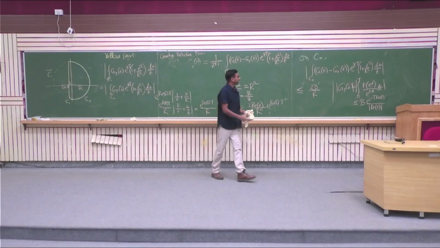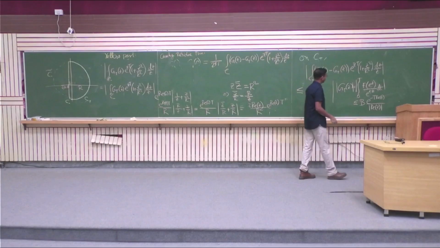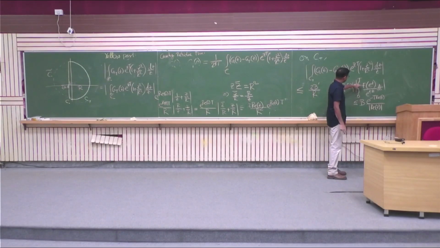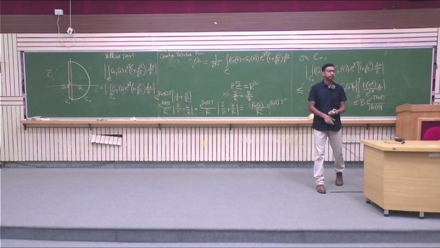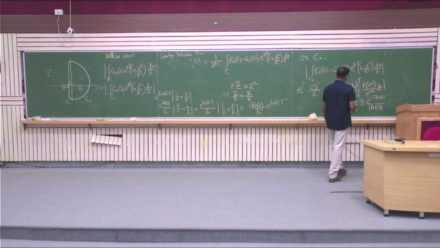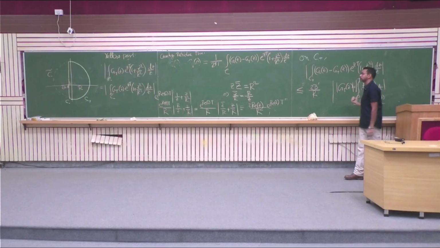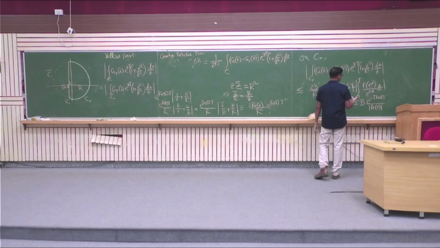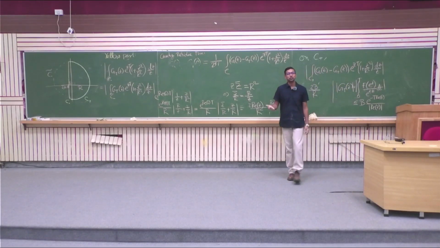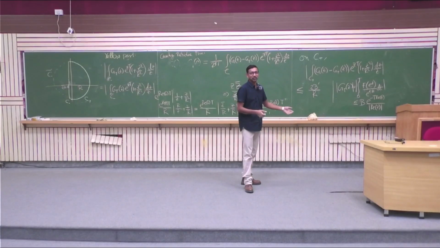What? F of 1. Well, right, at f of 1 there should be a value, and that corresponds to the constant, that if we set it to be 0, then this vanishes, right?